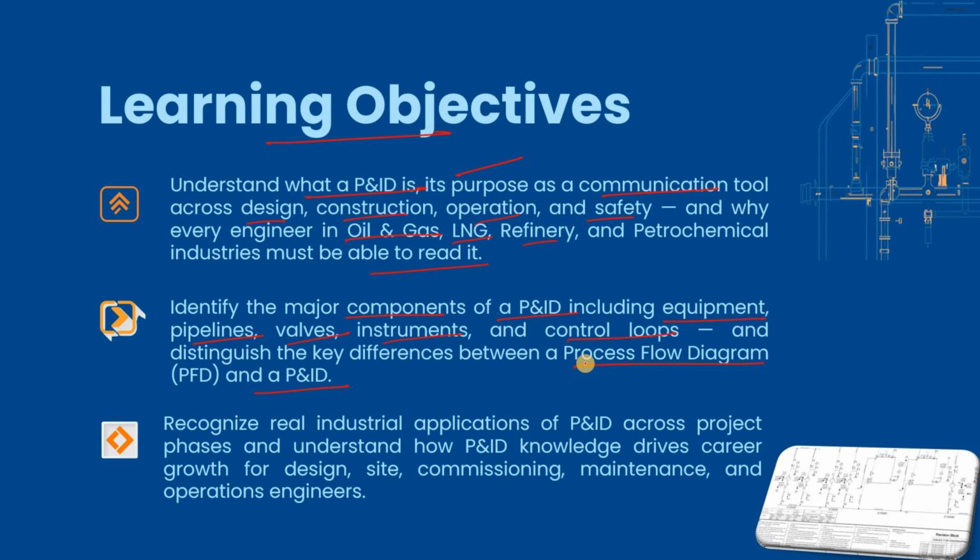In the last part of the module, we will recognize real industrial applications of the P&ID across project phases, and understand how P&ID knowledge drives career growth for design, site, commissioning, maintenance and operations engineers.